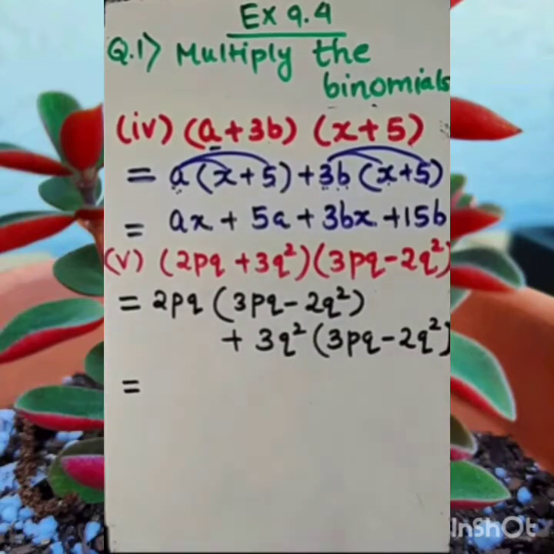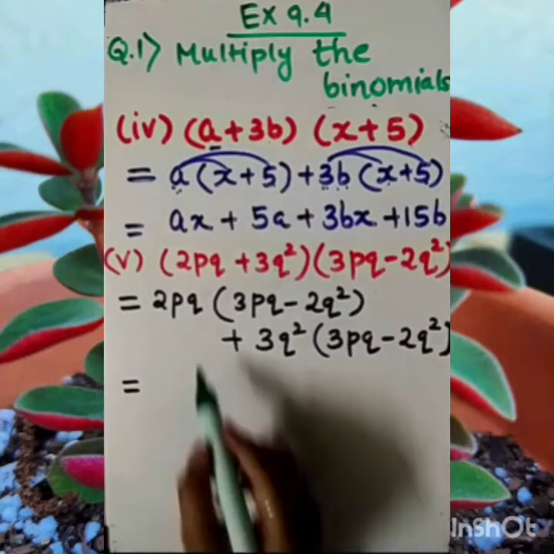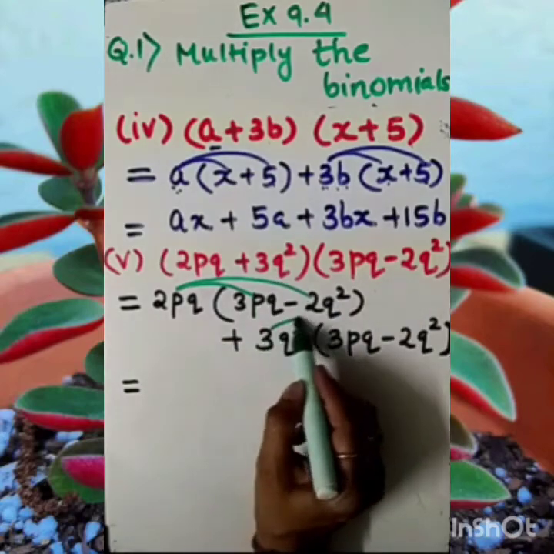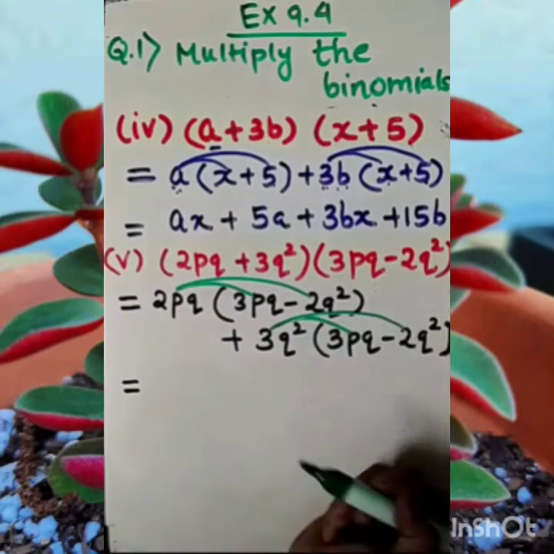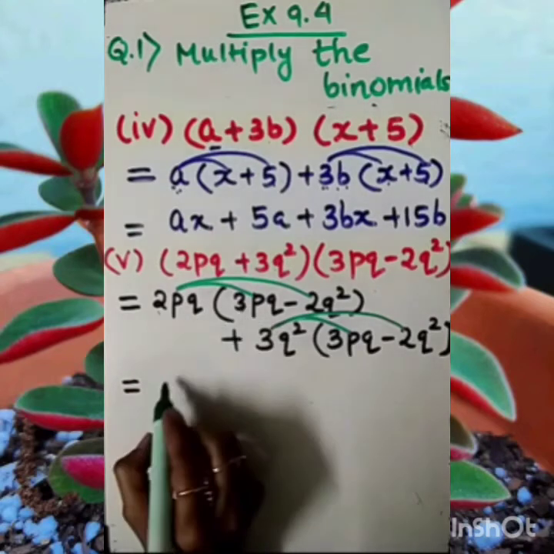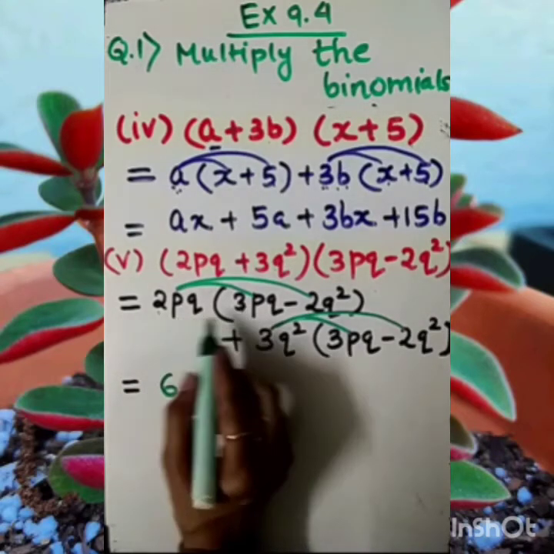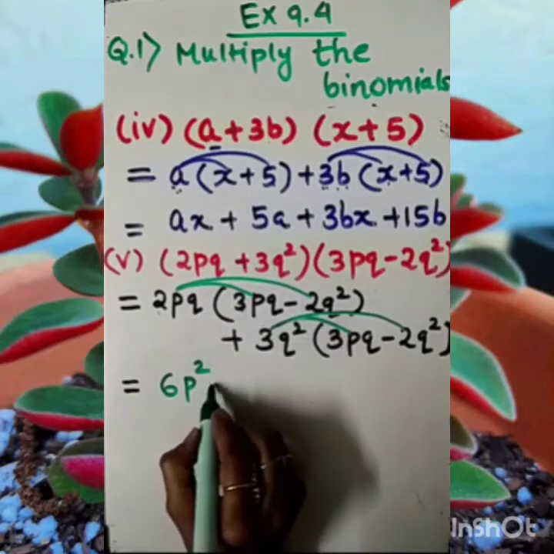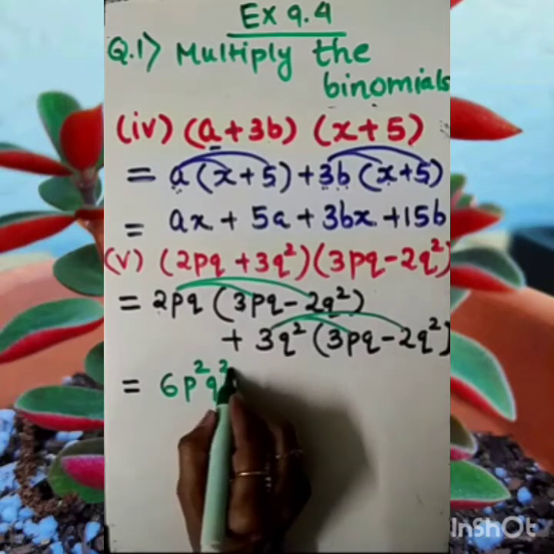Now let's work this out. What can be the possible answer? First we need to multiply fully with this, then with this, then this, and then with this. Okay. 2 times 3, just look at your screen, 2 times 3 is 6. P into P is P square. Q into Q gives the result Q square.